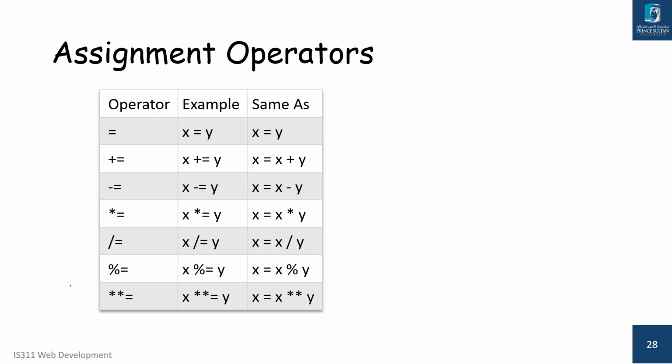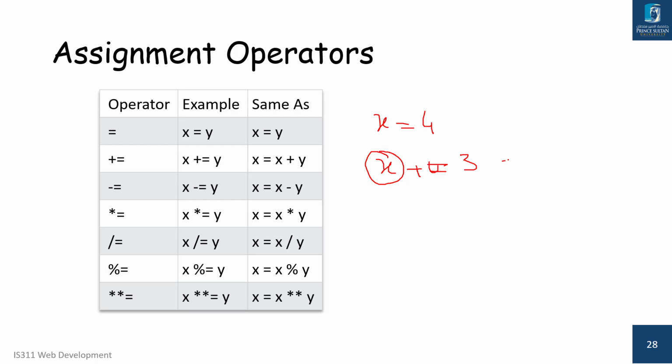We also have the assignment operator, where we are assigning a value to a variable. Okay, so we have the equal to operator, where we can say x is equal to 4, so it will assign the value 4 to the variable x. And then if I say x plus equal to 3, what will happen is, whatever the value of x is, if I say its value is 4, it will add 3 to the value 4 and assign that value to x.